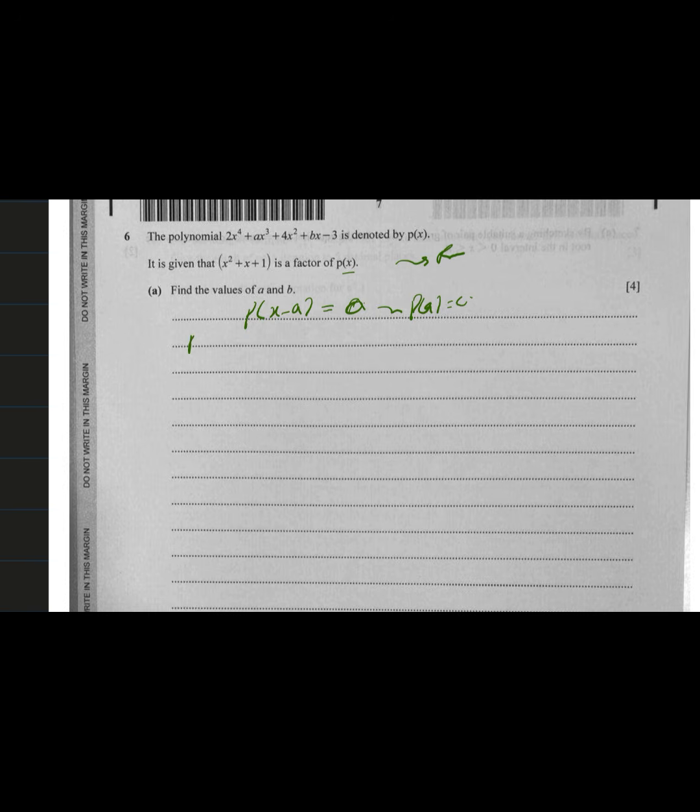So if we have px squared plus qx plus c, multiplied by x squared plus x plus 1, it will give us the polynomial 2x power 4 plus ax cubed plus 4x squared plus bx minus 3.